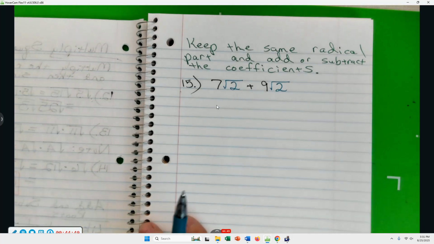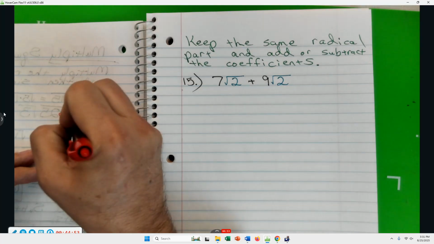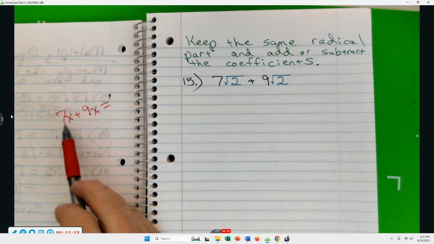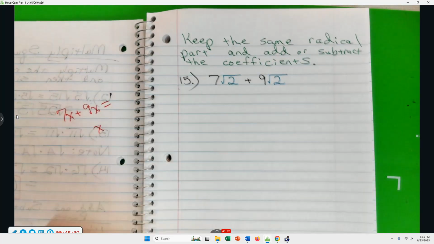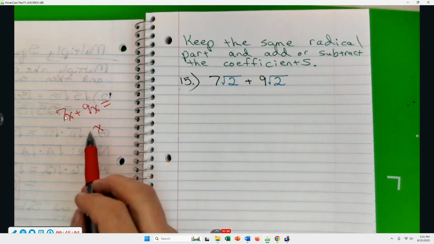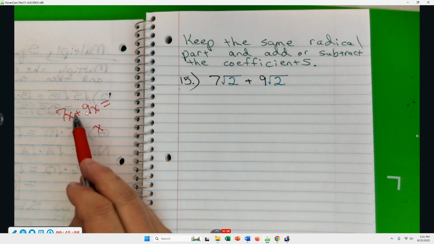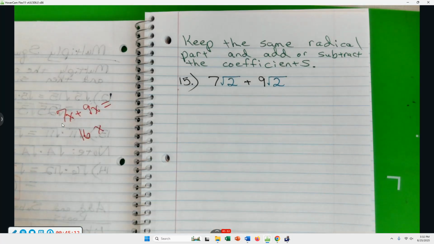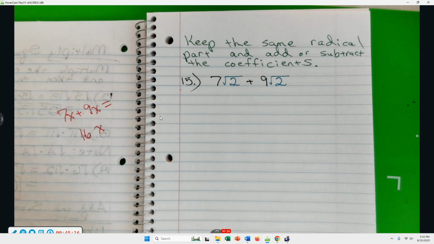Don't write this down, but if you had 7x plus 9x, you say, well, that's the same variable part, so you write down the x. How do you figure out the number that goes in front of the x? You take the 7 plus the 9 to give me 16. Like 7 cats plus 9 cats is 16 cats.